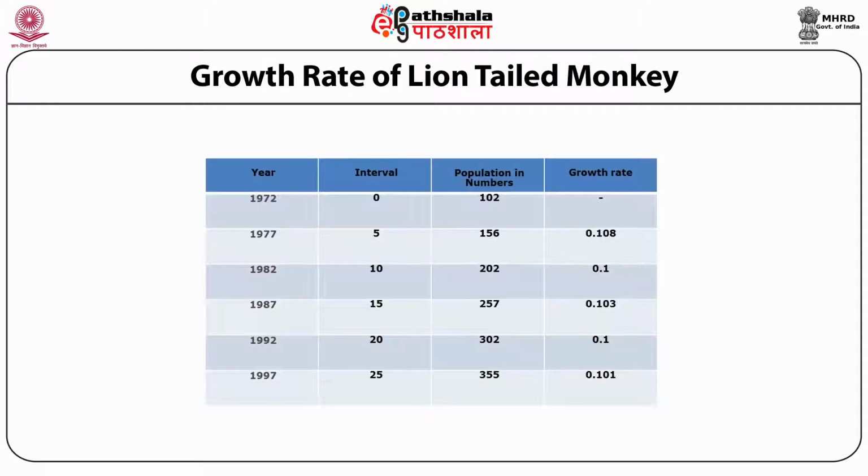As you can see in this table, for the growth of the lion-tailed macaque from 1972 to 1997, at an interval of 0 to 25 years, there is an increase in number from 102 to 355.